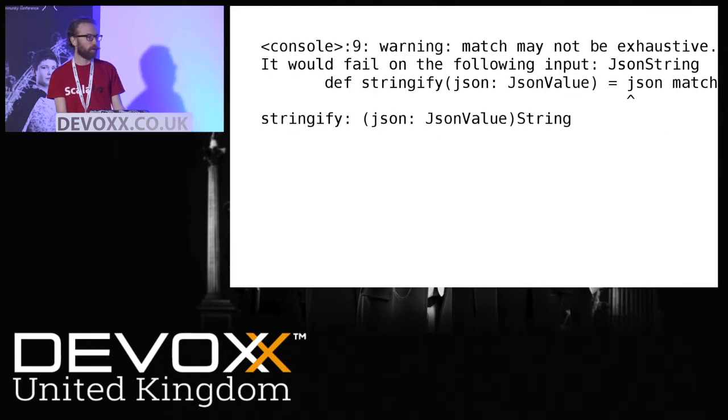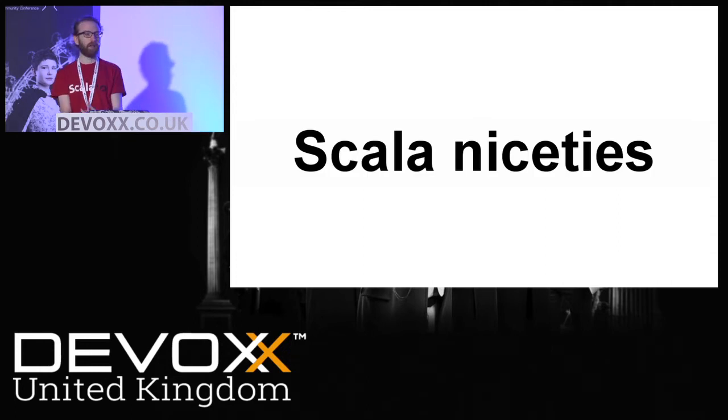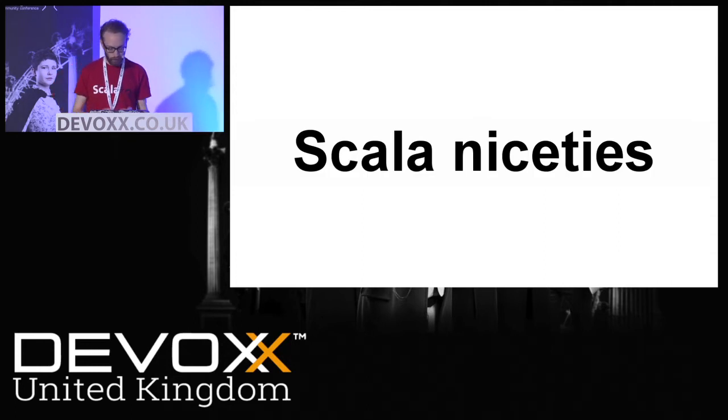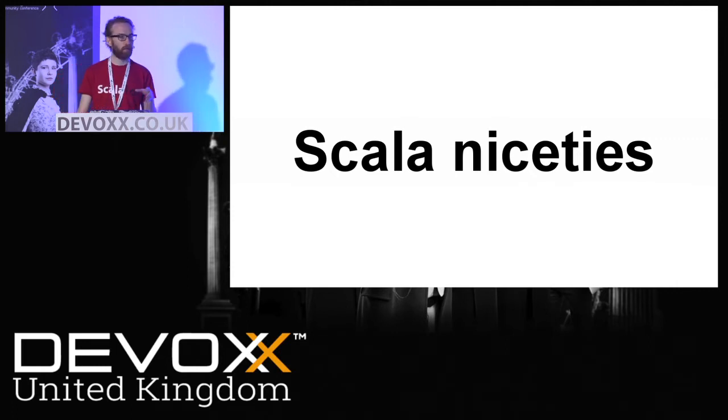Since we have a sealed trait, the compiler is able to tell you if you are forgetting a case. In this case, I forgot to handle the case for a JSON string, and the compiler is able to tell me that. And since it's not encoded directly in Scala, we do it kind of manually. There are differences between Scala and other languages which have direct support for that. Sometimes it's a problem, sometimes it's nice.